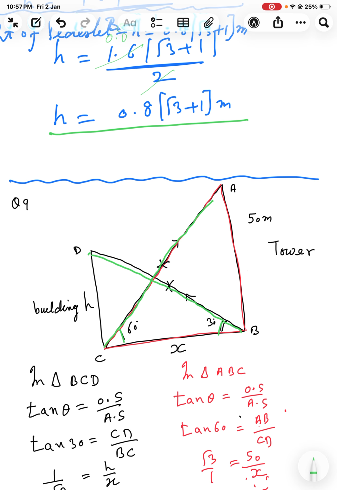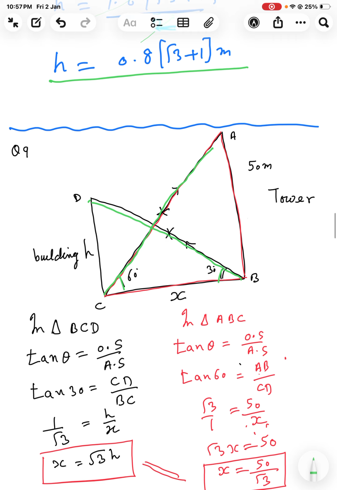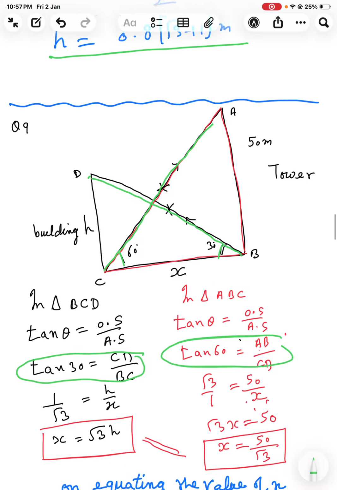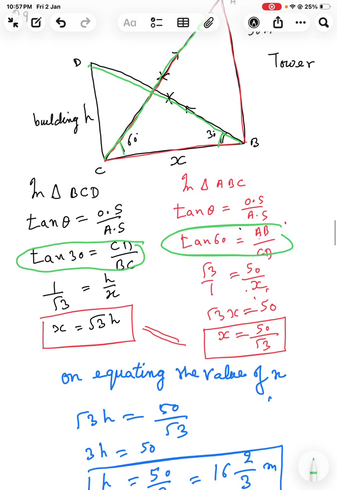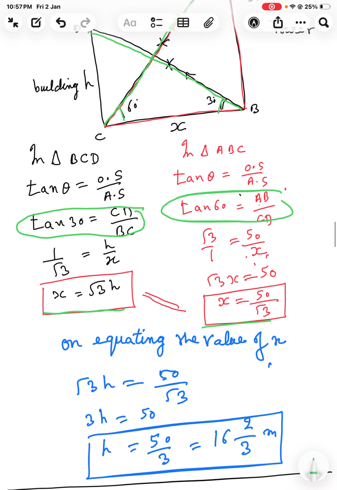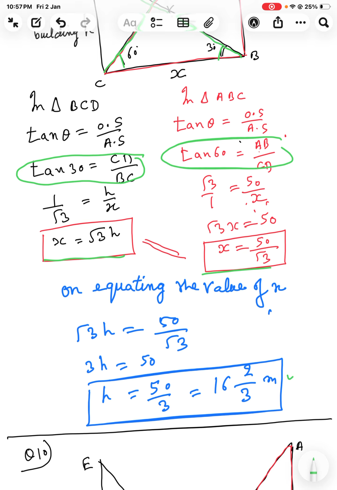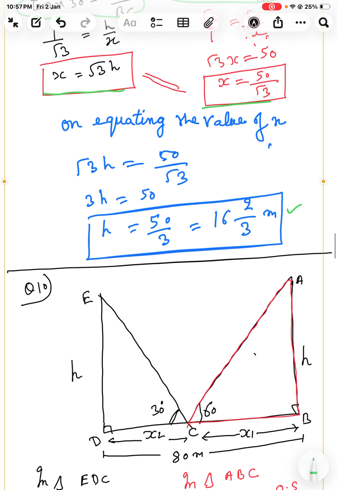No use of diagonals, again apply tan theta in both the triangles. After simplification, x equal to, this is also x equal to. On equating the value of x, h equal to 16 2 upon 3 meter is the answer.